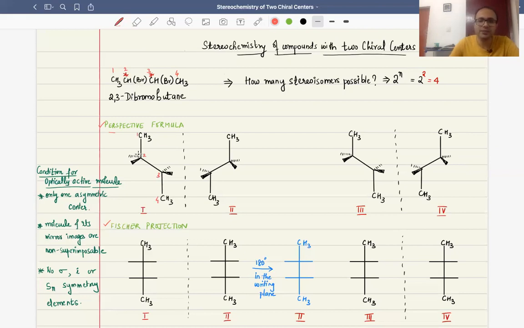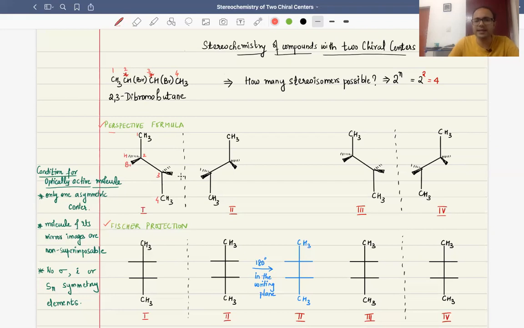When I come to the second carbon, which is the first stereocenter, it is attached to two substituents. One is hydrogen and another is bromine. So initially, to start drawing it, let me put H here and Br here.